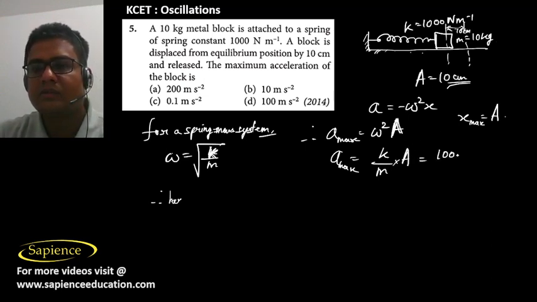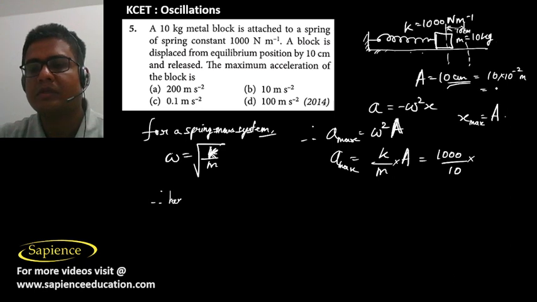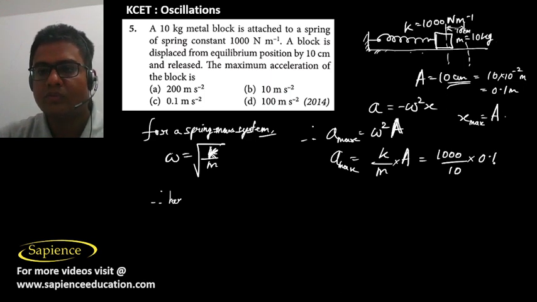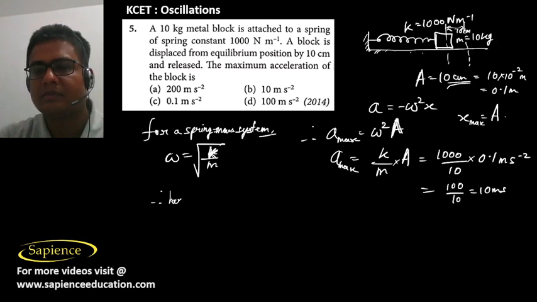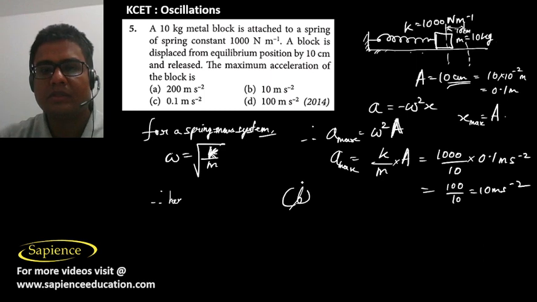So k is 1000 divided by mass, that is 10, and amplitude we have to take in SI unit in meters, that is 10 into 10 power minus 2 meter, that is 0.1 meter. So into 0.1, this will be in meter per second square. So 0.1 into 1000 is 100, divided by 10, that is 10 meter per second square. So option B is the correct answer.